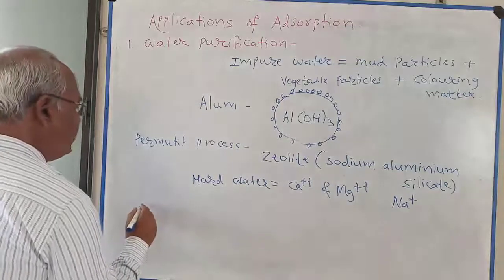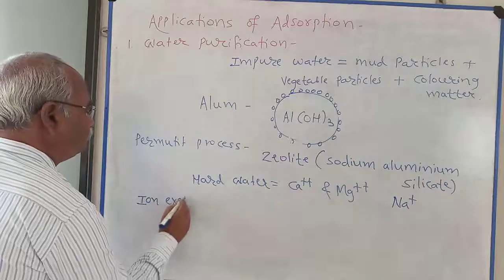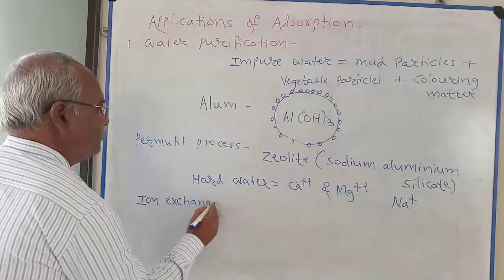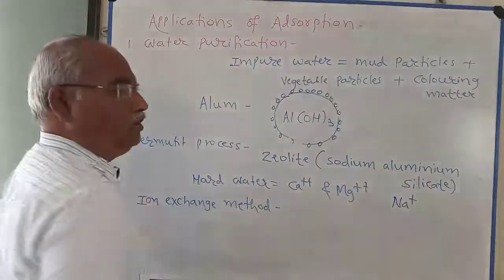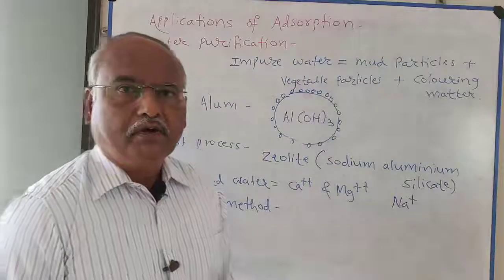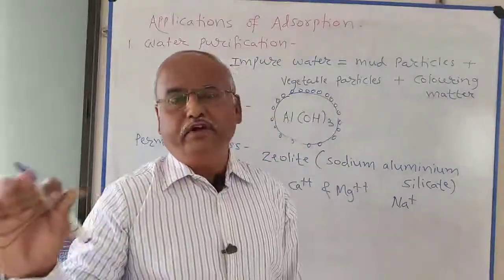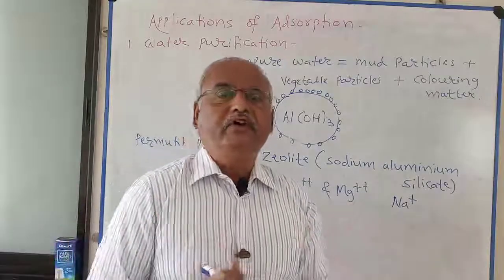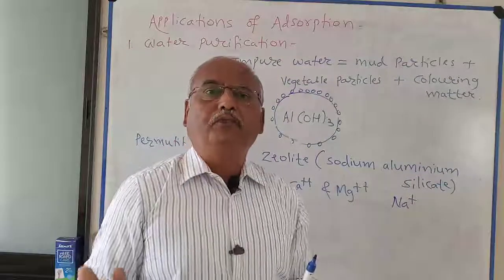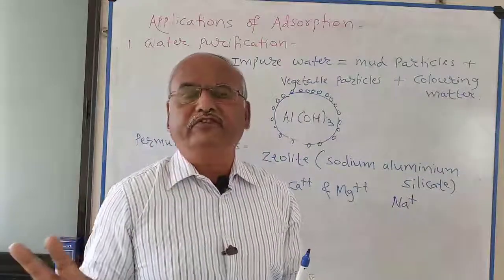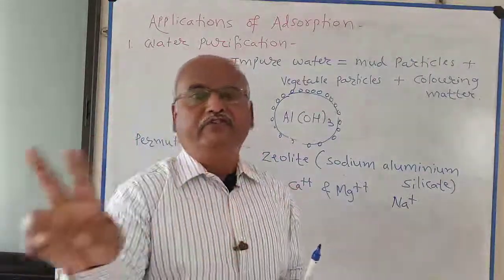Then, next method, ion exchange method. Water is purified by passing through ion exchange reagents. There are two types of ion exchange reagents: cation exchange reagent and anion exchange reagent.